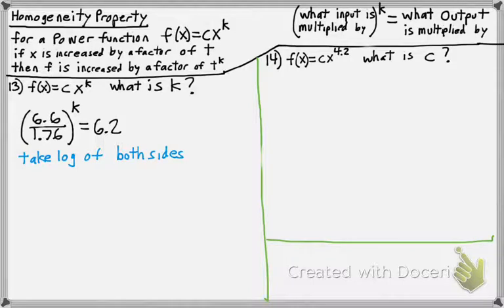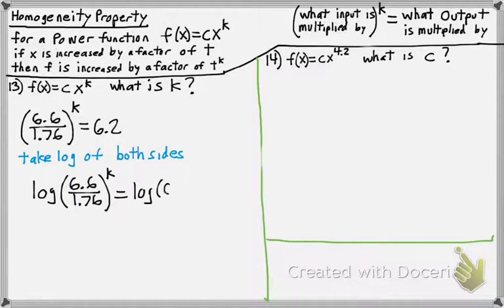So this is going to be the log of 6.6 over 1.76 raised to the k is equal to the log of 6.2.